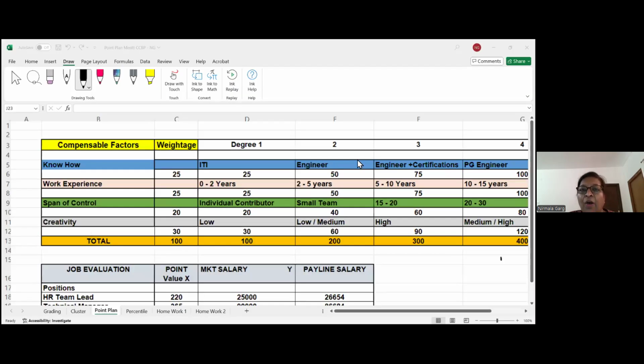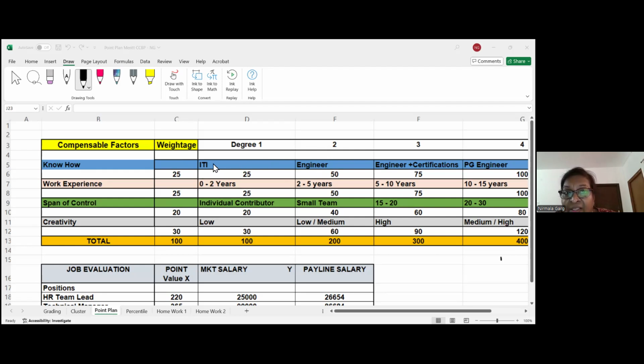So these are the compensable factors. Now, how many degrees have I given based on my own organization? I said 4 degrees. Now, the descriptor in know-how: at degree 1, it's only ITI, which is not a graduate degree, but somebody who does something after 12th, after finishing school. In degree 2, it's an engineer.